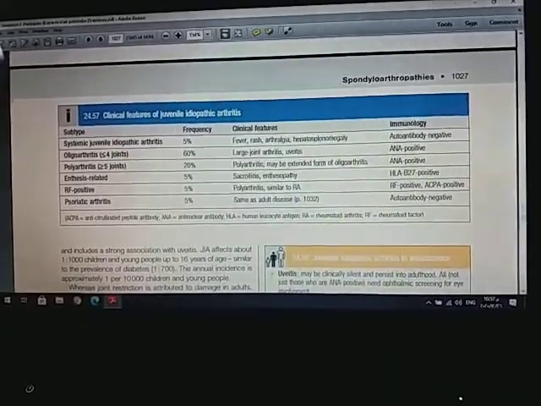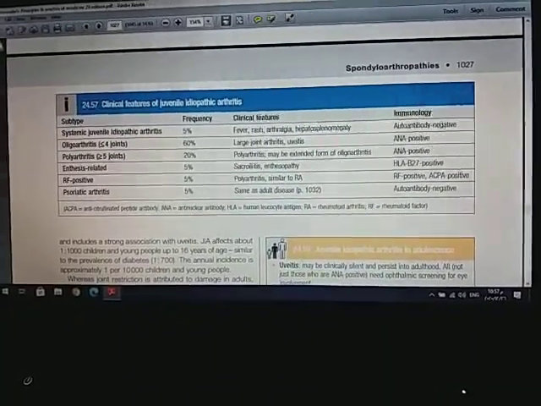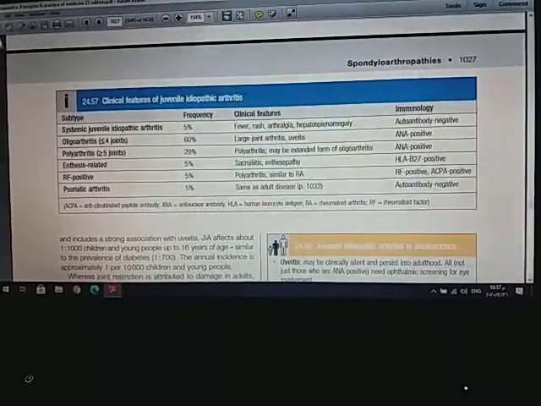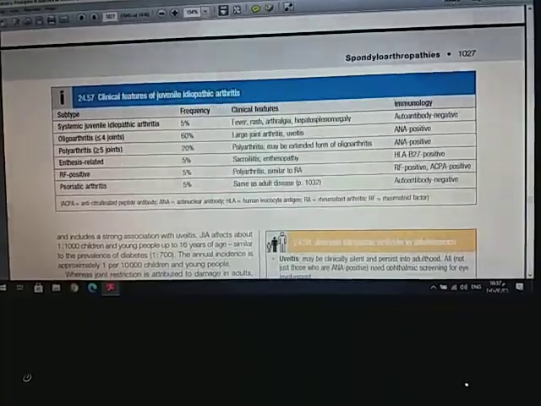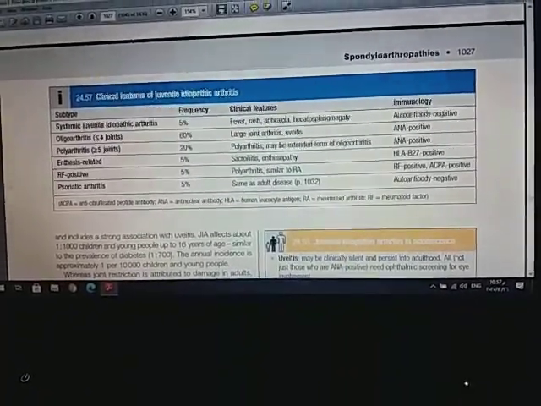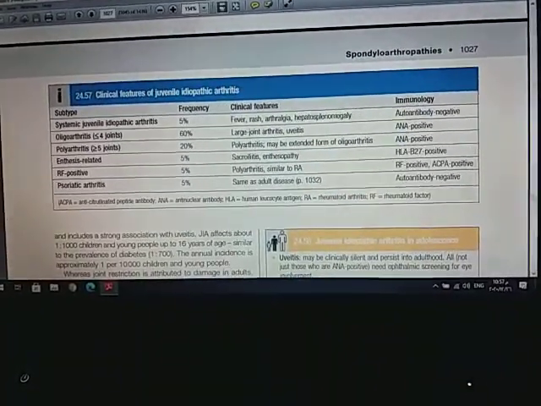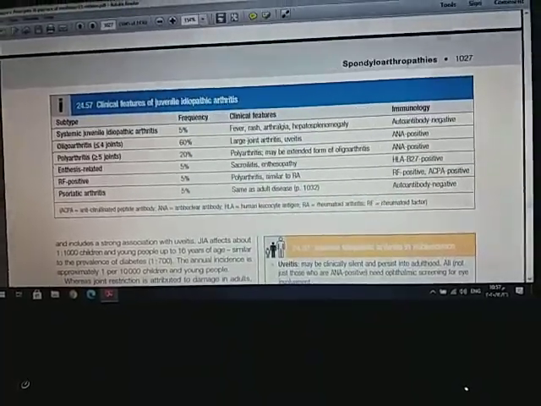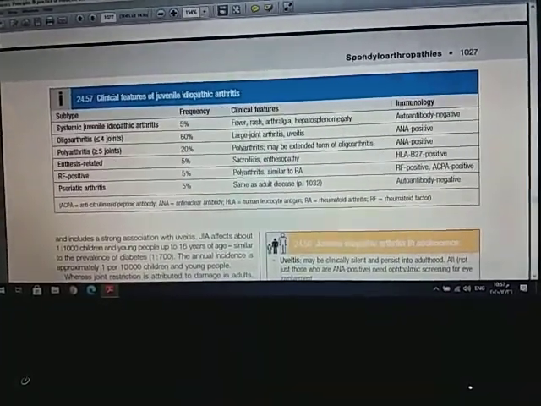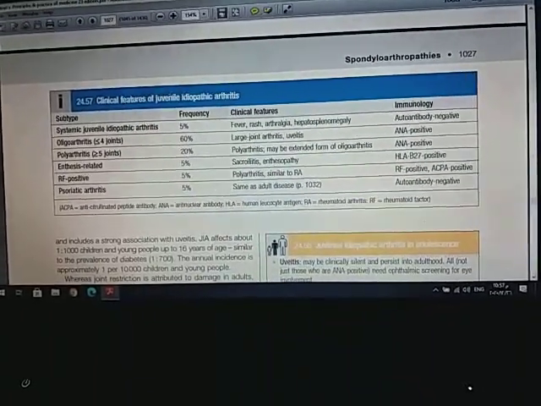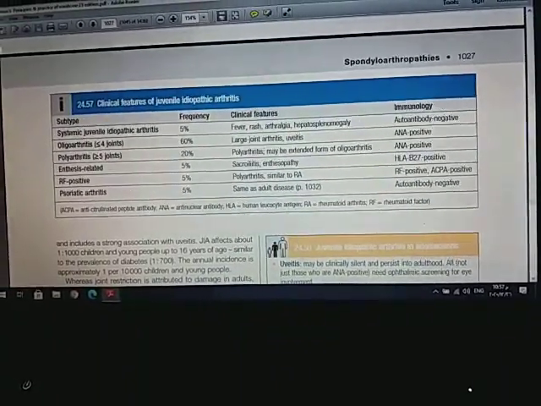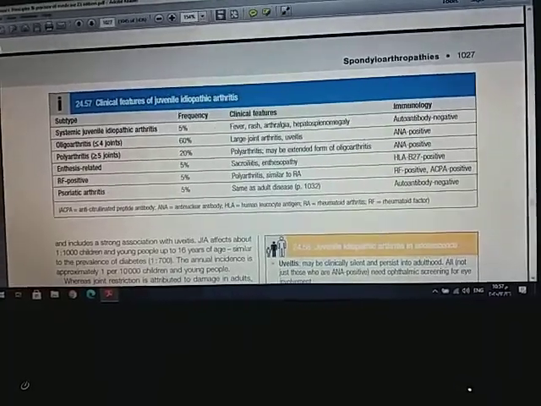Clinical features of juvenile idiopathic arthritis: it is of several subtypes. We have the systemic juvenile idiopathic arthritis with fever, rash, arthralgia, and hepatosplenomegaly.